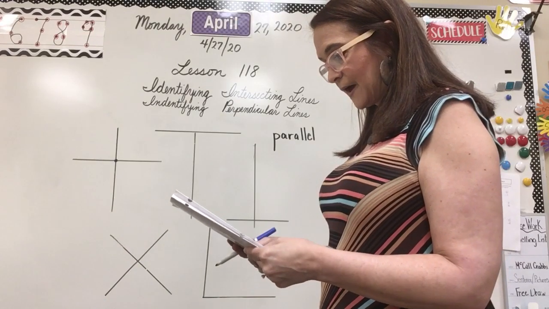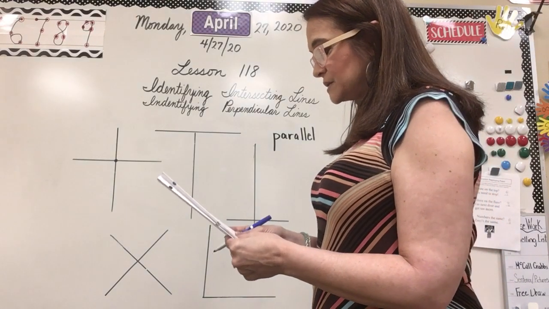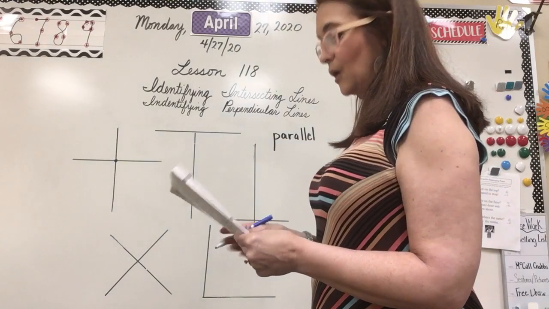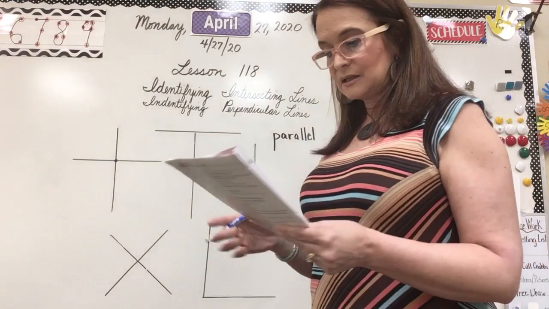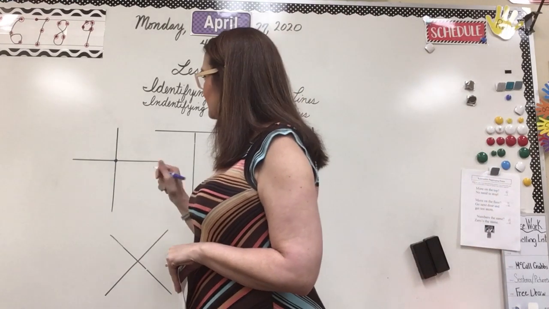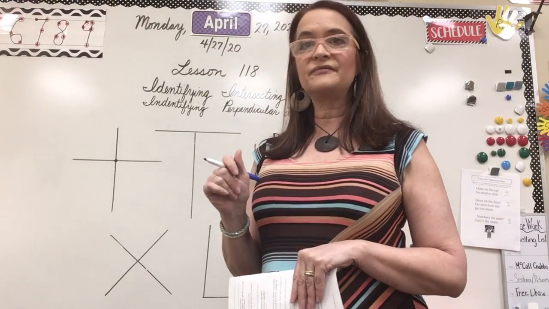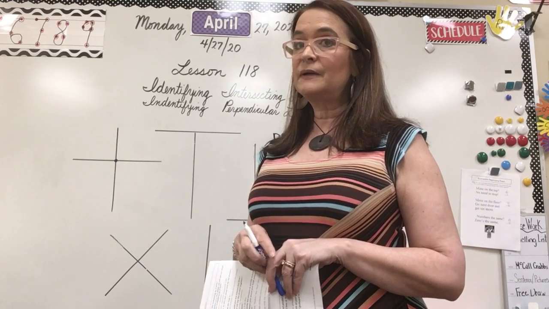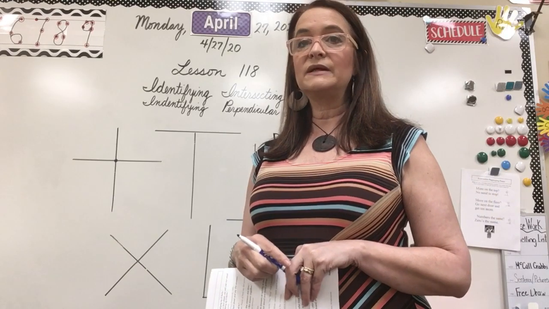So when the two line segments intersect like these do, we call them perpendicular line segments. Now, in order for a line segment to be perpendicular, it has to form one right angle. And remember, it's been a couple weeks ago that we talked about it.